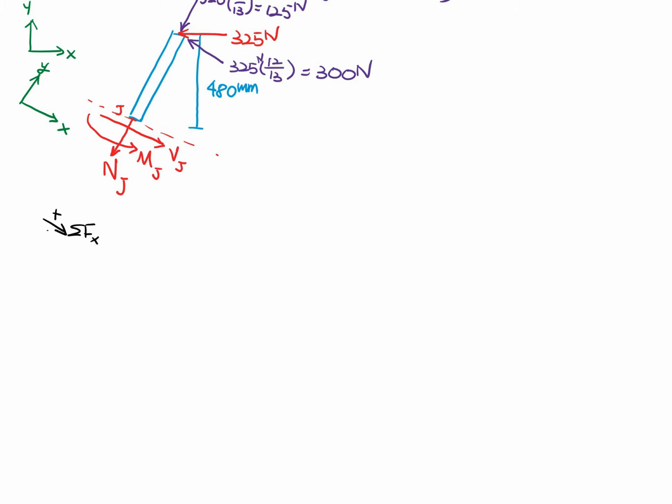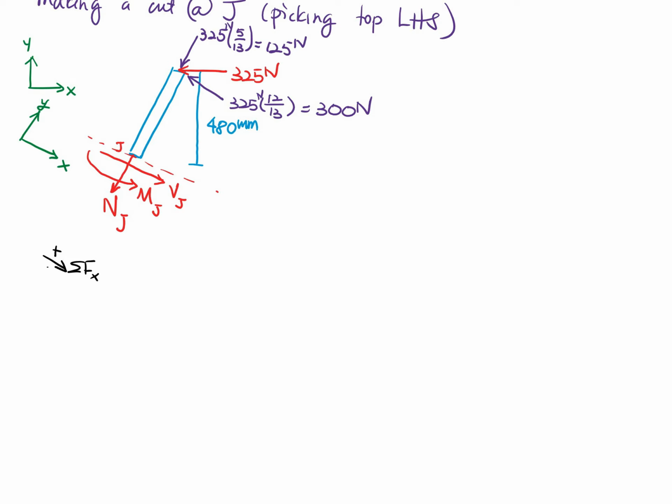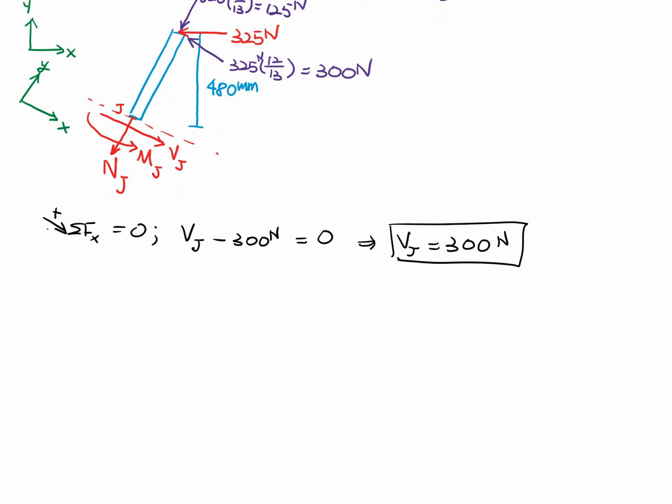Okay, so summing forces in the X direction, you can see that we have V sub J, and then we have 300 newtons going in the opposite direction. So we have V sub J minus 300 newtons equals 0, which tells me V sub J equals 300 newtons. Simple as that. Summing forces in the Y direction. We know that Y direction is now going slightly off vertical.